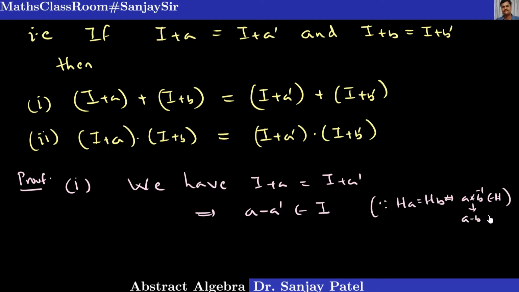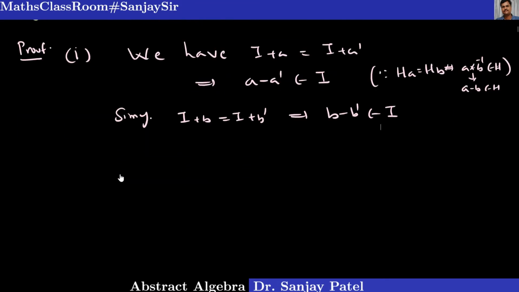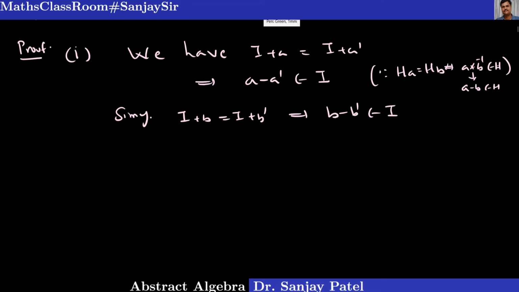So we get A minus B belongs to H in our case, and H is I in this case. Similarly, I plus B is equal to I plus B dash gives you B minus B dash belongs to I.